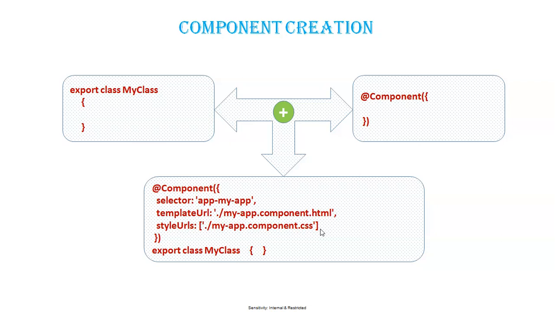So finally, component is nothing but export class my class. There I am going to write my business logic by using TypeScript, and I will be specifying what is my view page, nothing but HTML page, and I will specify my CSS by using style URLs attribute inside my at the rate component annotation.